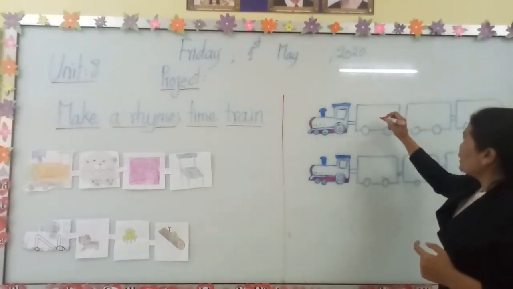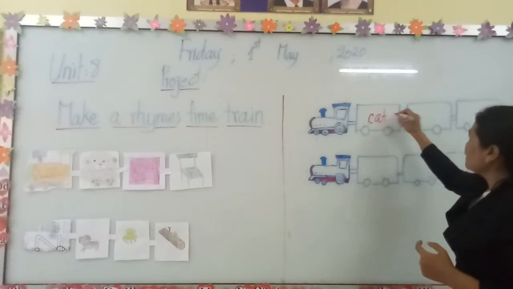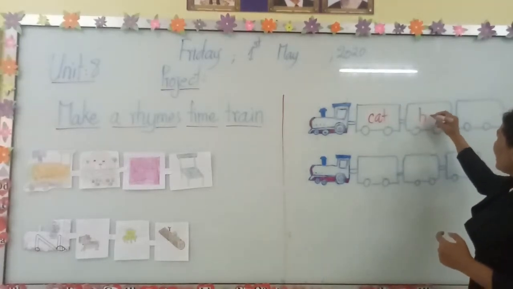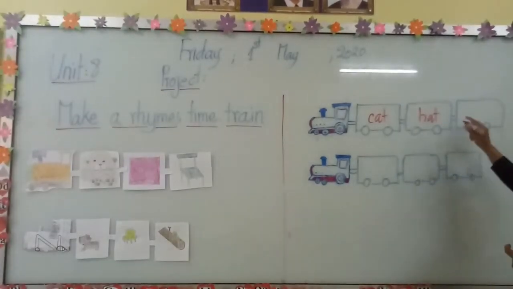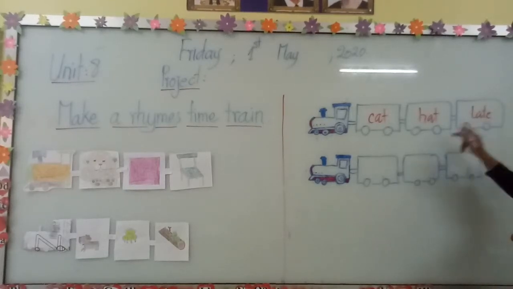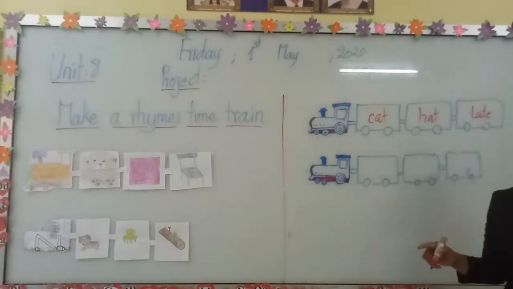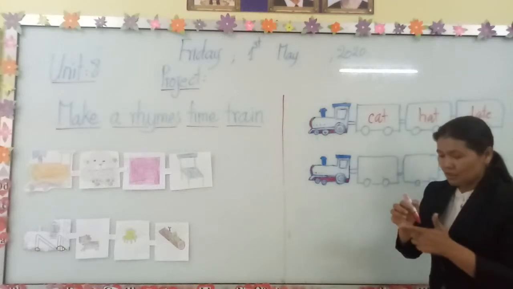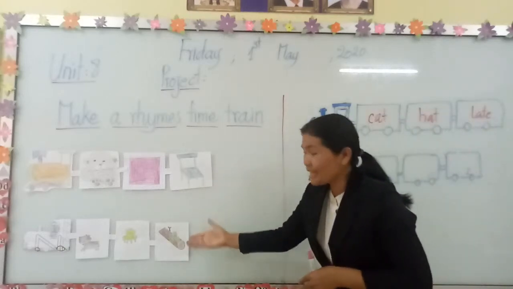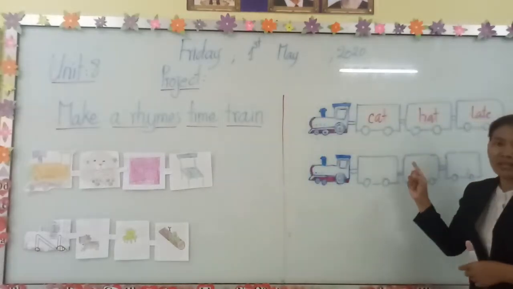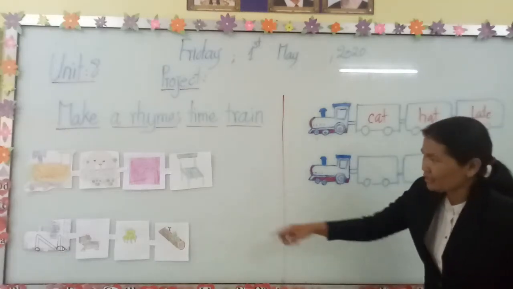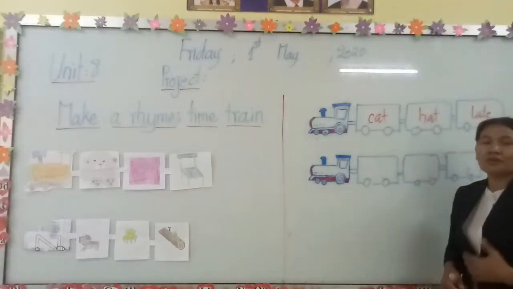You can say cat, hat, lake, the same. What about here? You can write it also. So the project is 2 kinds. You can do like this one and like this one.